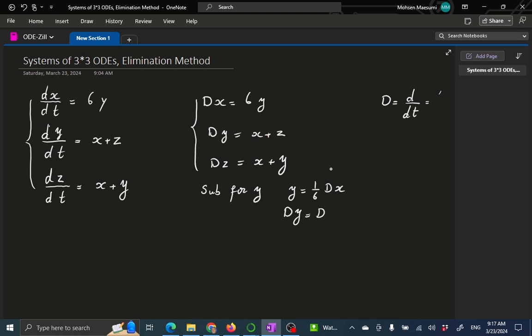That means derivative of 1/6 of dx. Remember, in differentiation you can pull constants out. So that's 1/6, and d times d would be d squared. D squared means the second derivative of your variable with respect to t. So I can write this as 1/6 of d squared x.